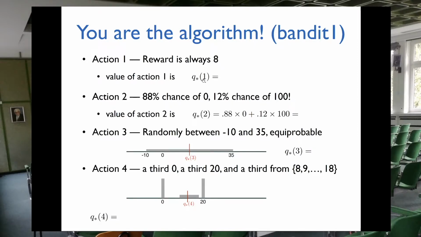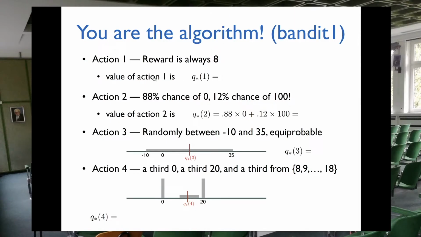Here in this notation we have Q star of 1, where 1 is the number of the action, and Q is a variable that will store the value of that action. You will see later on that the letter Q is always used to refer to the value of a specific action.